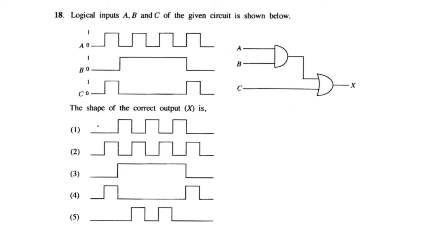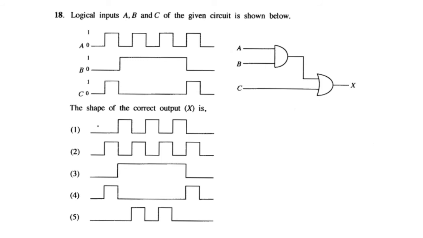Suppose the output is X dash, then the third column is X dash, then we'll fill that column. A is 0, B is 0, A and B is 0, X dash is 0. Then A1, B0, X dash is 0 since this is an AND gate.